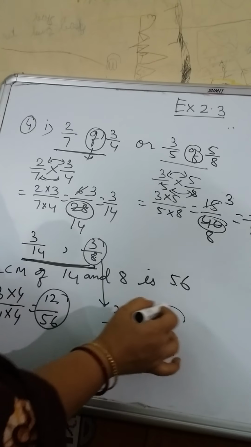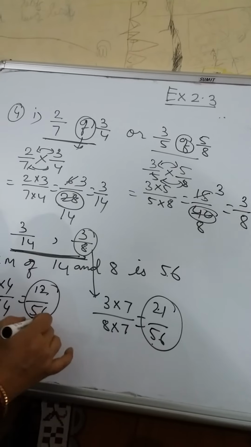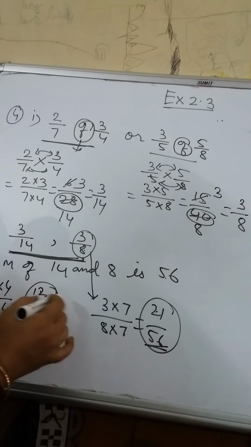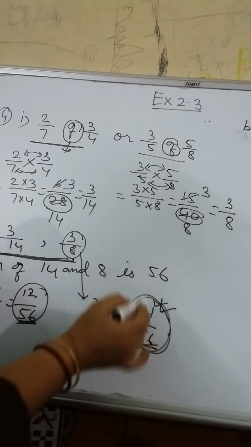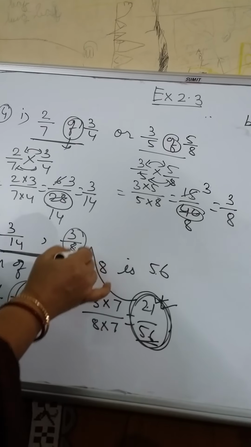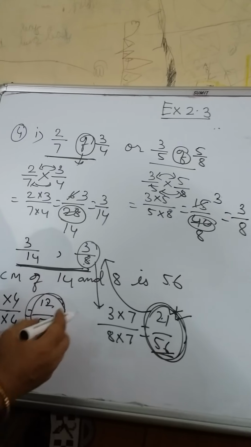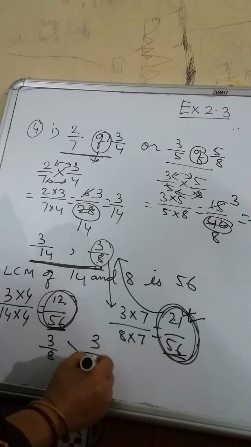Now you can easily compare 12 by 56 and 21 by 56. The denominators are the same. Which one is greater? 21 is greater. That means this fraction is greater. So we can say 3 by 8 is greater than 3 by 14.